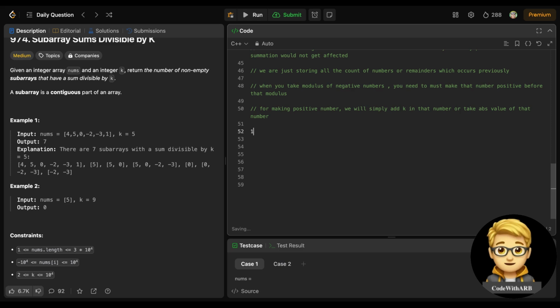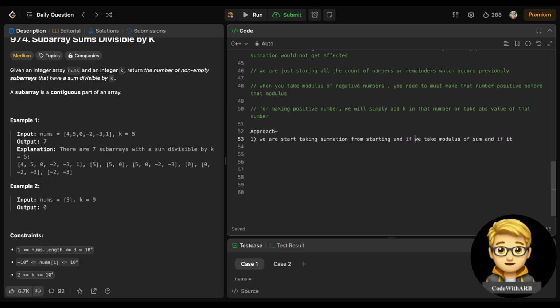So let's take the final approach. What we are doing: we start taking summation from the starting, and we take modulus of the sum.